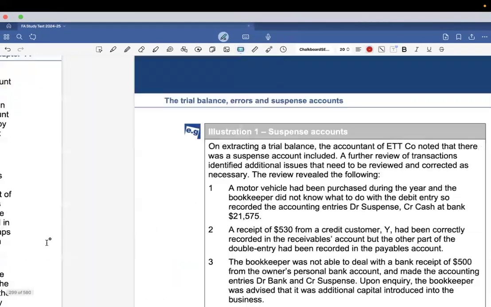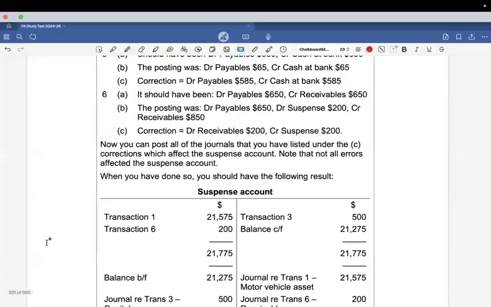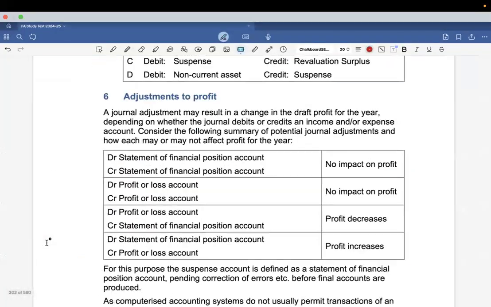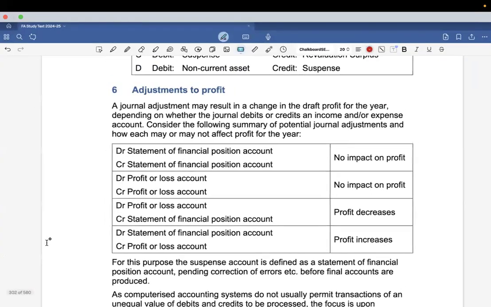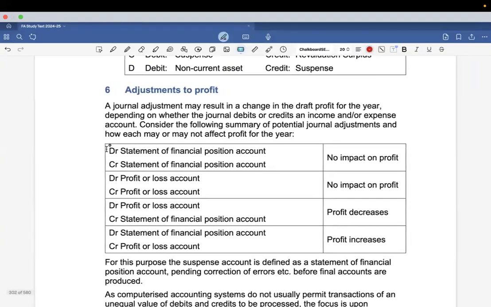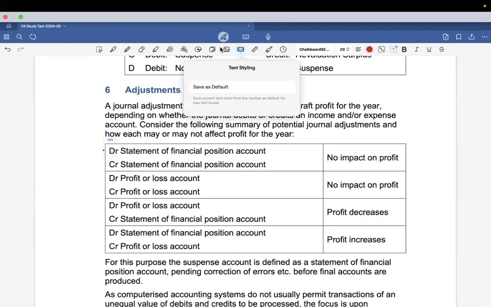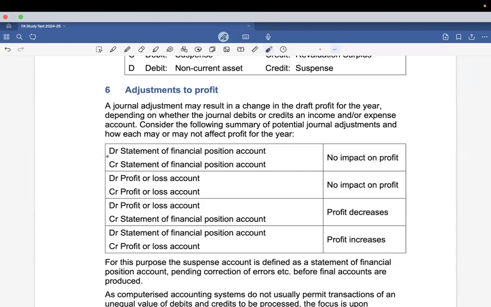The last part is about the adjustments. So you know by now you have learned how to correct everything, right? So suppose while you were correcting, you had two entries. When you correct it, the debit side is also an SOFP content and the credit side is also an SOFP content.